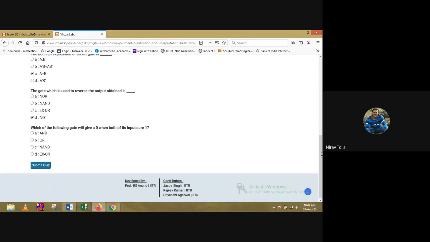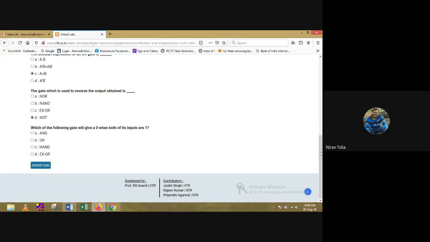Okay, NAND gate. But we have the exclusive OR gate also. You are all right, but there is some mistake in the quiz. If both the inputs are 1, the output will be 0. So we have two possibilities. All of you are right that the NAND gate gives the output 0 when both the inputs are 1.